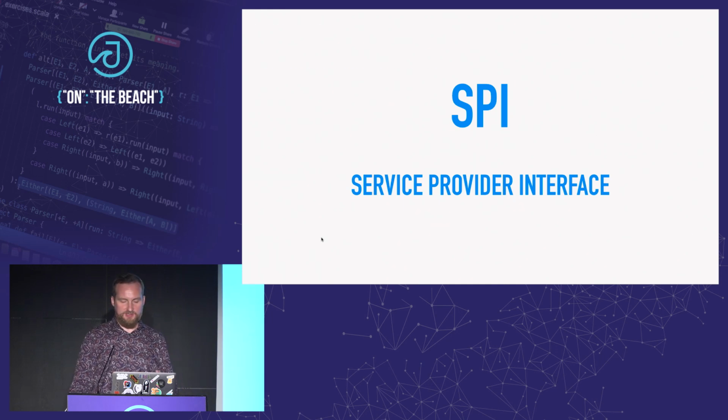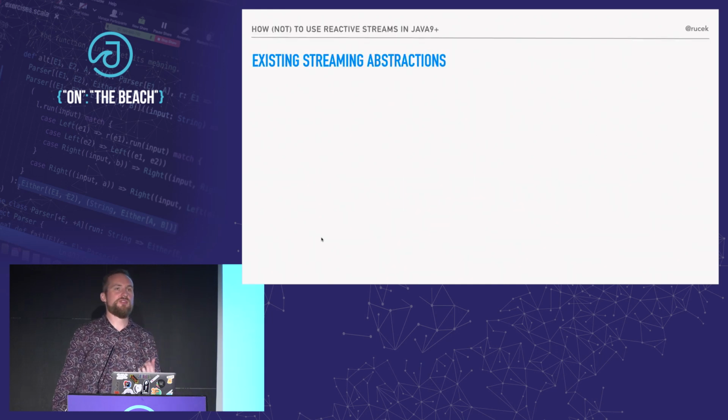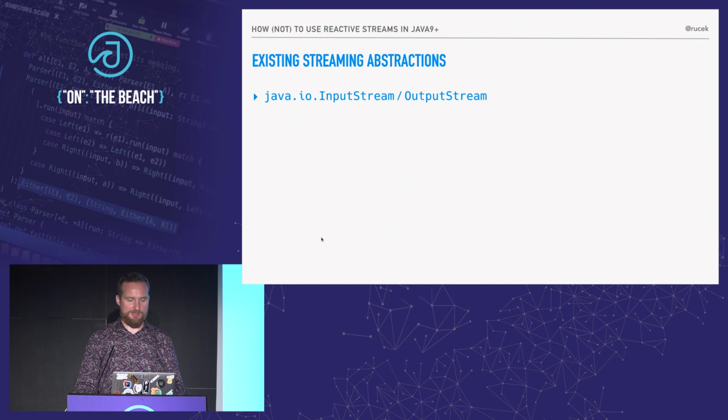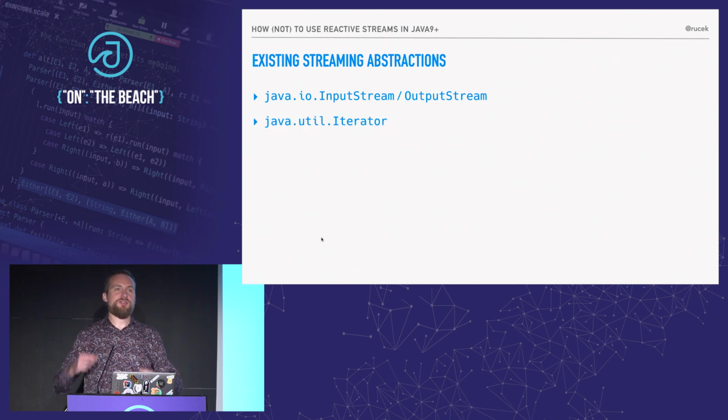Now, if you look at the JDK, and if you look at the existing abstractions related to stream processing, maybe not directly, but still in some way, there are a couple of them. Well, first of all, you have the input and output streams for files, which even the name tells you is about stream handling. You have iterators, which is not directly related to streaming, but this is still the concept of having a possibly infinite source of data, which sounds like streaming a bit.